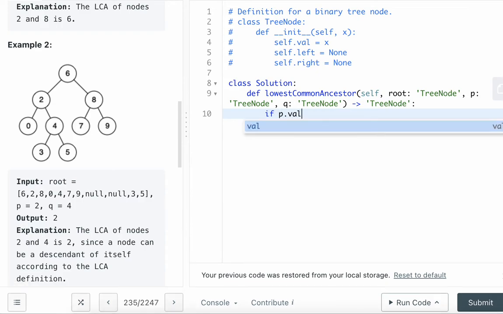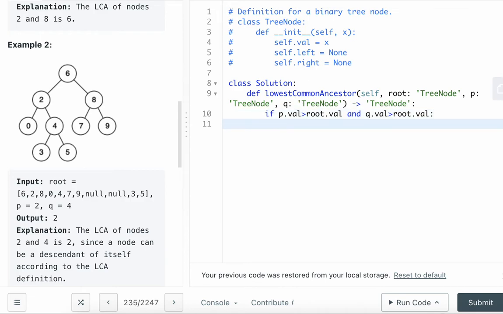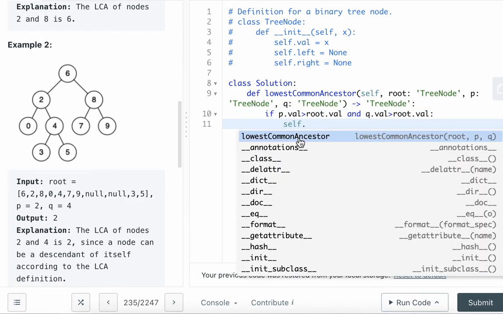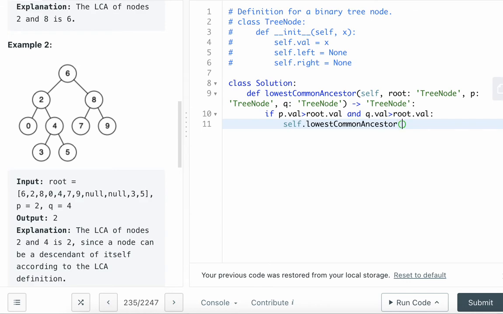So if p.val, you have to compare the values, not just the nodes. If p.val is bigger than root.val, and q.val is bigger than root.val as well, meaning both nodes are on the right side, I'm going to call the same function, lowestCommonAncestor.